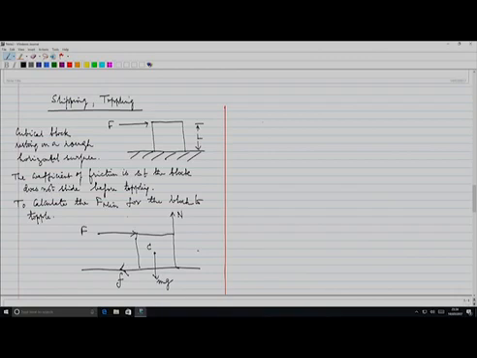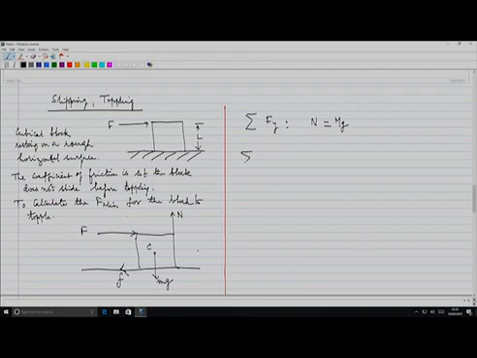Now sigma F, what are we going to do? The sum of all the forces along the y direction: there is normal reaction acting upwards and mg acting downwards. These two balance, so N minus mg equals 0.